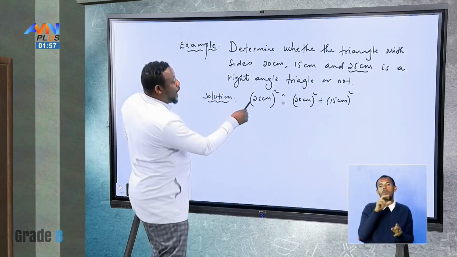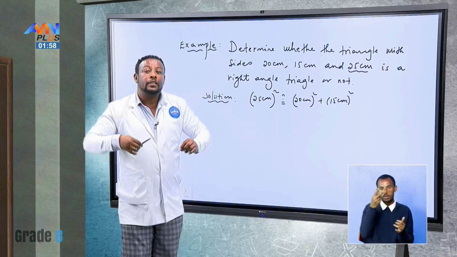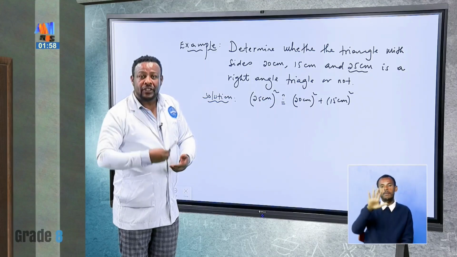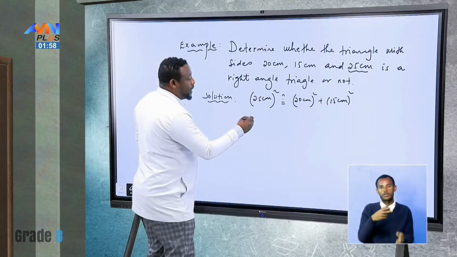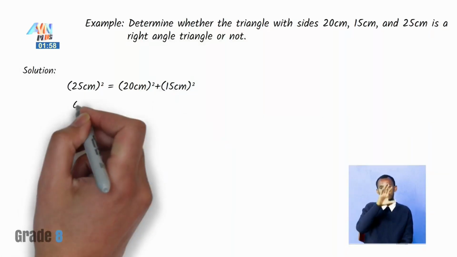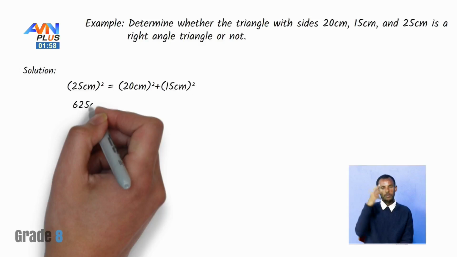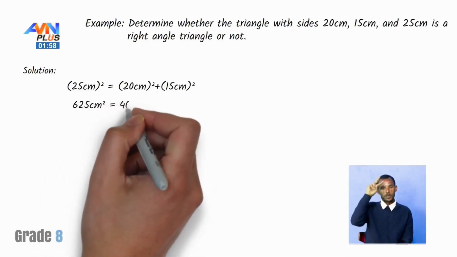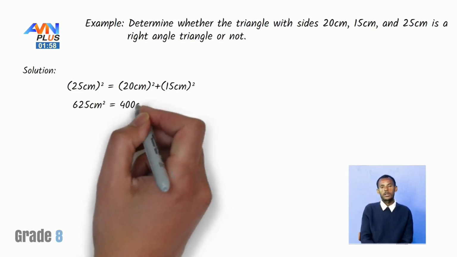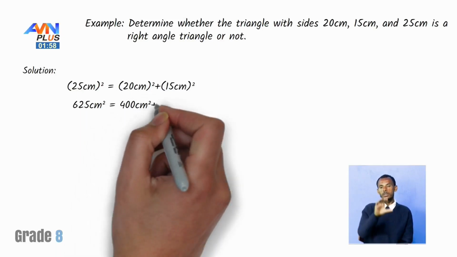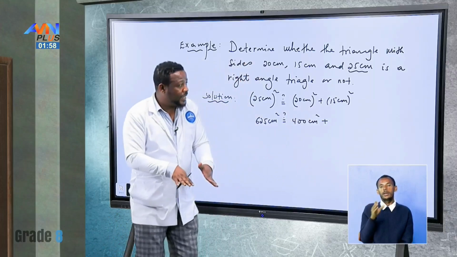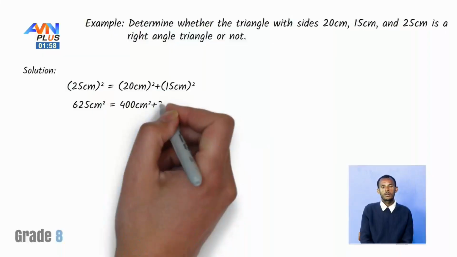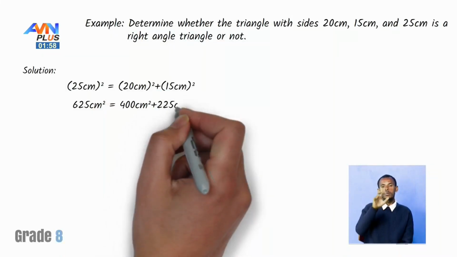So 25 centimeter squared means multiply 25 by 25, which is 625. The square of 20 is 400 centimeter squared, and the square of 15 is 225 centimeter squared.